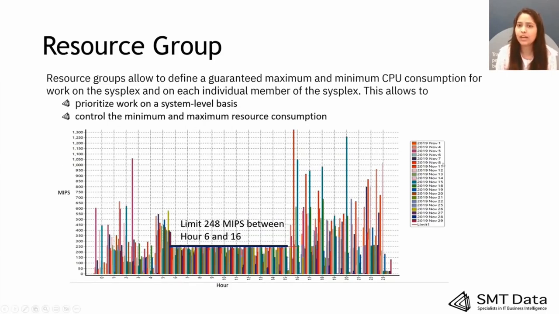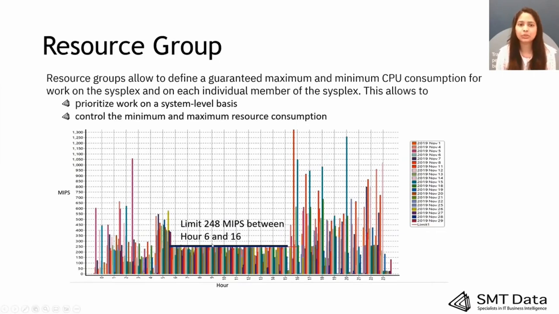This data is from November 1st to November 29, almost one month of data, showing how much is used every hour. It's going fine, but when it comes to the 6th hour, it really wants to go above that, but it can't go more than 248 MIPS.